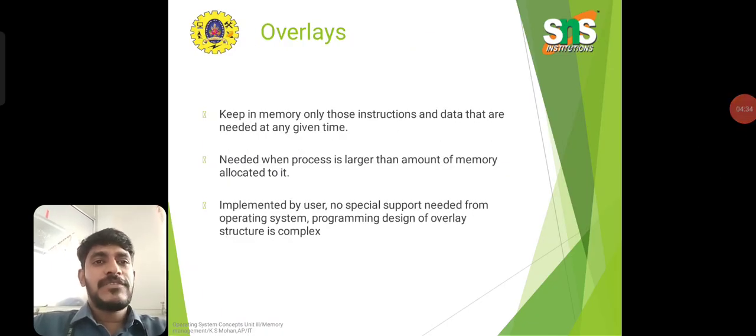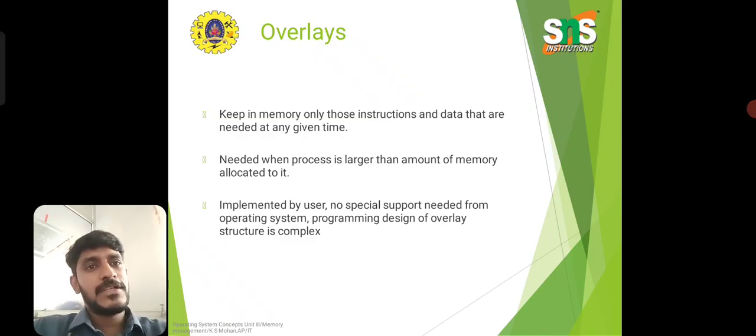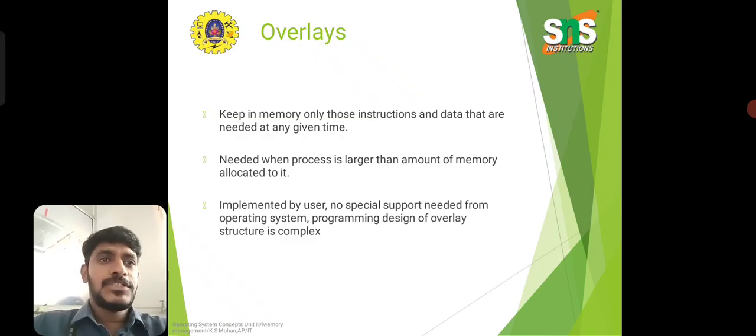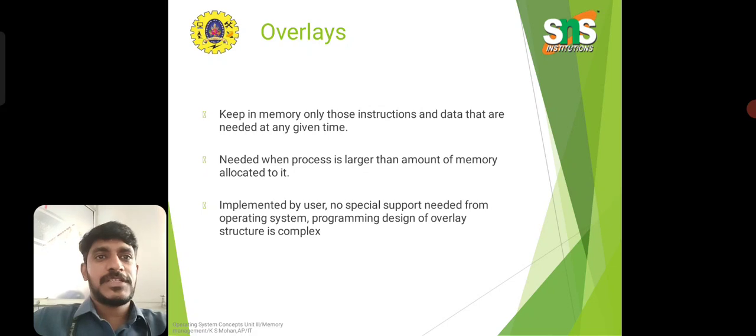Next we talk about overlays. Overlays keep in memory only those instructions and data that are needed at any given time. They are needed when a process is larger than the amount of memory allocated to it. They are implemented by the user, with no special support needed from the operating system. The program design of an overlay structure is complex.